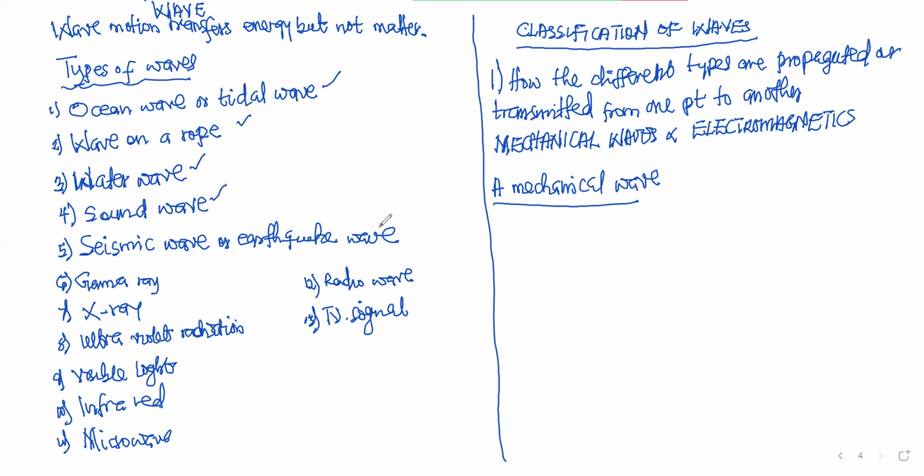If there's no earth, earthquake or seismic wave will never exist. So all these examples fall squarely under mechanical waves, which are groups or classification of waves that require a medium to be propagated from one point to another. And I've given you examples.